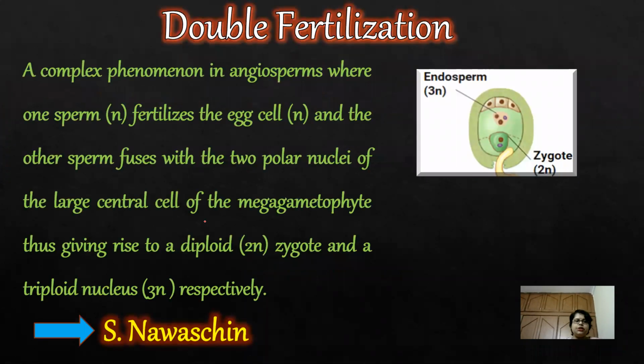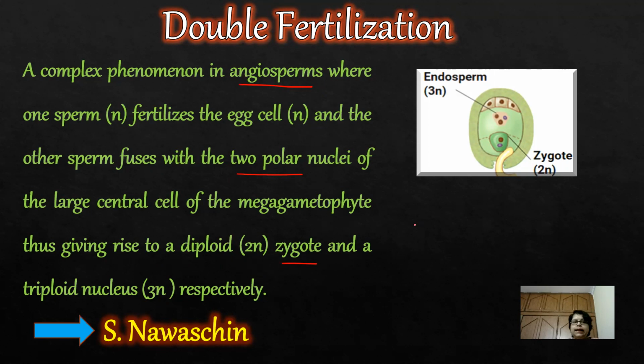Double fertilization is a complex phenomenon in angiosperms or flowering plants where one sperm fertilizes the egg and the other sperm fuses with the two polar nuclei of the large central cell of the megagametophyte, thus giving rise to two things. What are they? Giving rise to a diploid zygote and a triploid nucleus respectively.